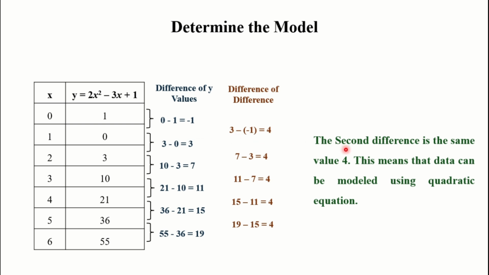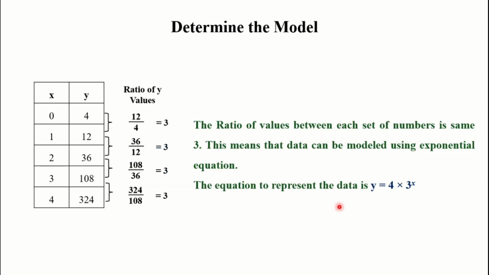Here the second difference is the same value, that is 4. This means the data can be modeled using a quadratic equation. See, when the difference of differences is the same, we can fit a quadratic function.